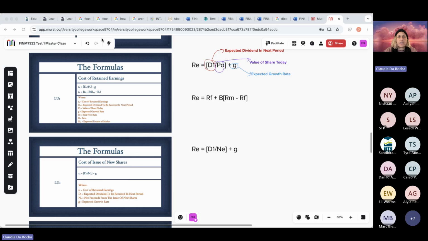Give me a second. Okay, so on the growth rate, the formula is, and I'm just going to actually write it here for us so that we have it.